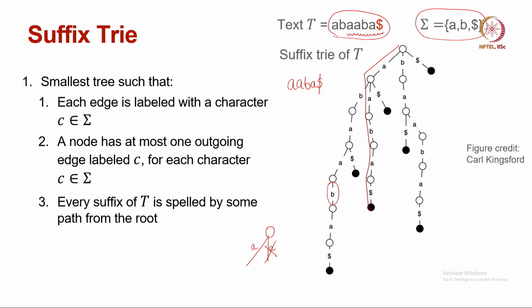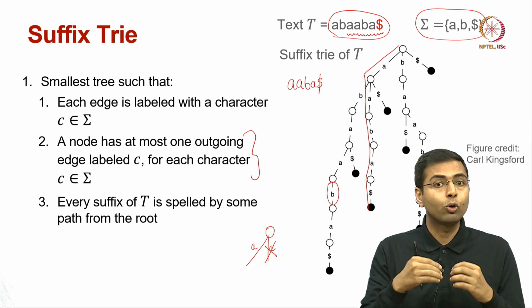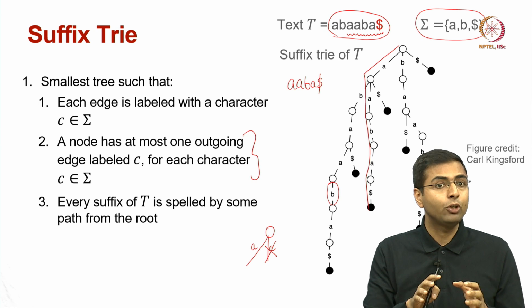So, all the suffixes are spelled by some path from the root node. Now, observe that this path will be unique because of the property that a vertex cannot have two edges with the same label. So, when I spell a suffix, if the suffix exists as a path from the root node, then that path must be unique.